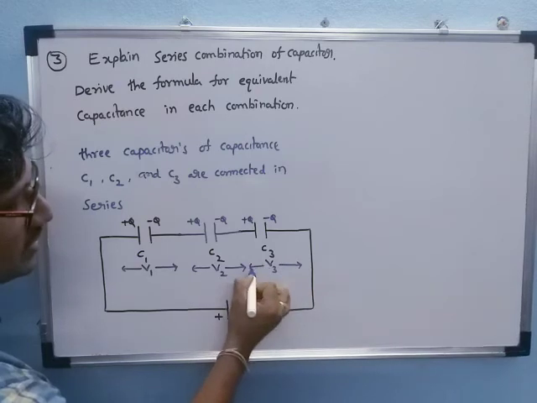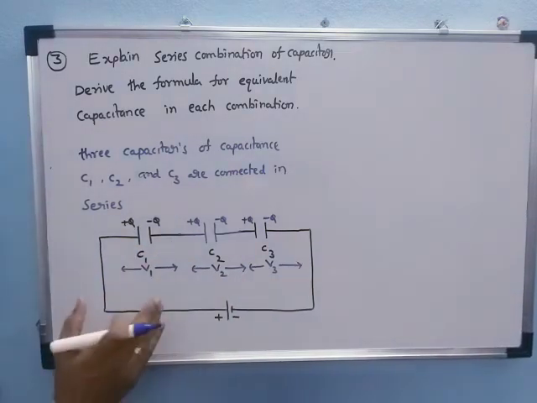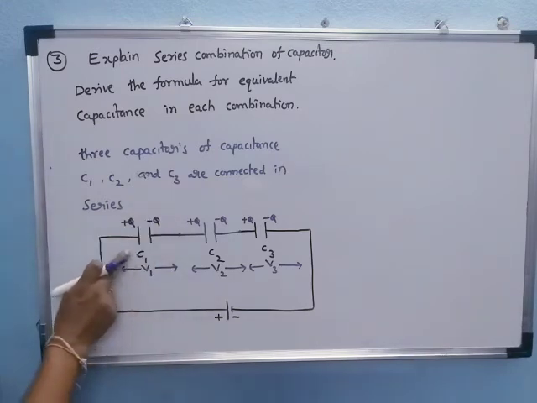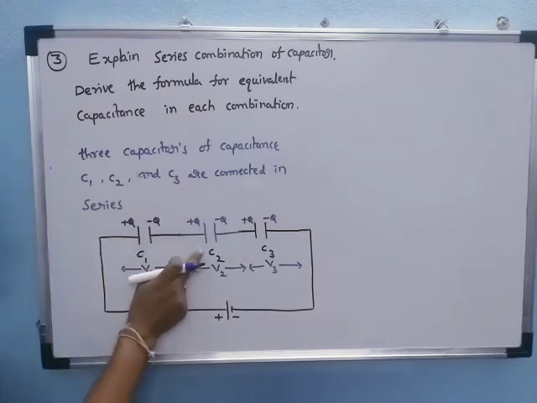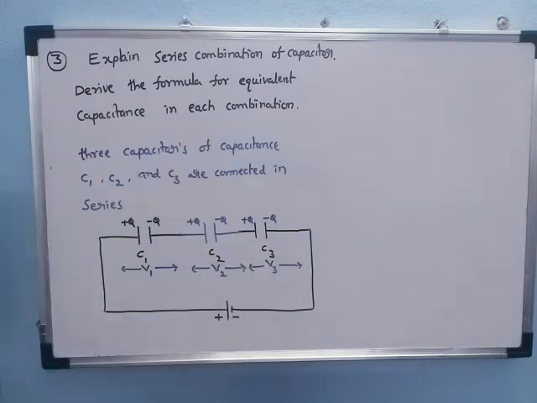In a series combination, the potential is divided by the battery: V1 for the first capacitor, V2 for the second, and V3 for the third. Also observe the connection.